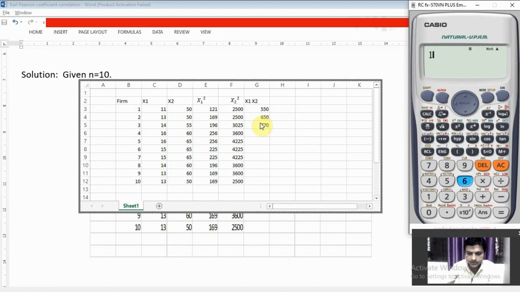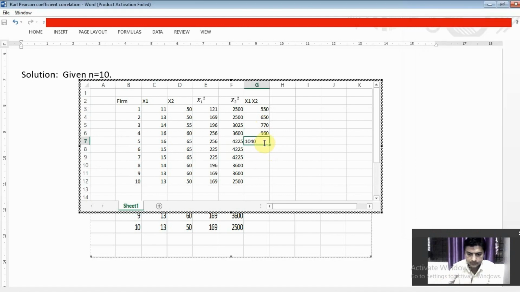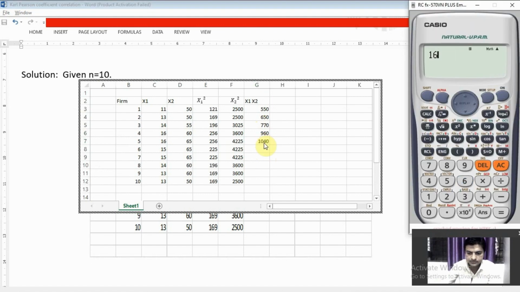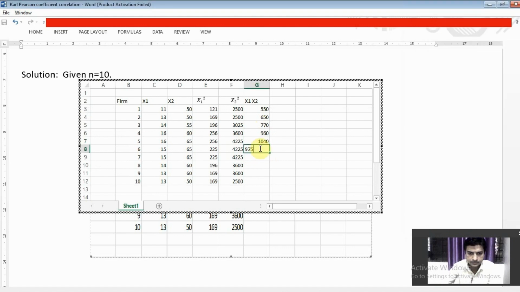The next is 16 into 60, it is 960. Next 16 into 65, 1040. Next again 15 into 65, 975. Right. Next 15 into 65, 975.